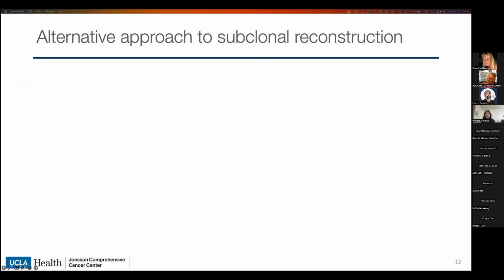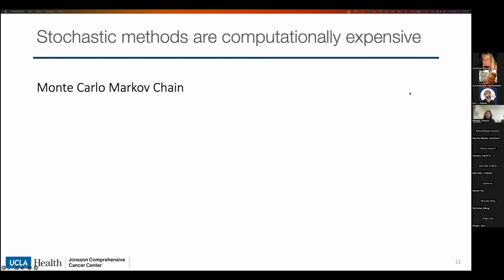Since existing methods stochastically search through a parameter space, they can be computationally expensive. For example, some properties of Markov chain Monte Carlo include flexibility.